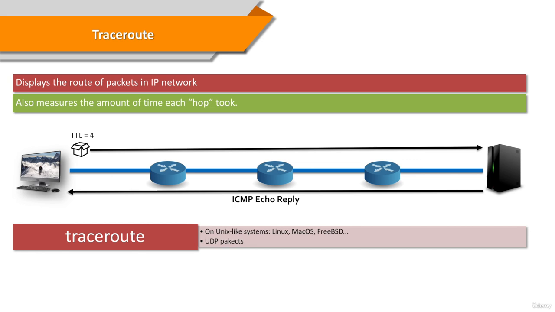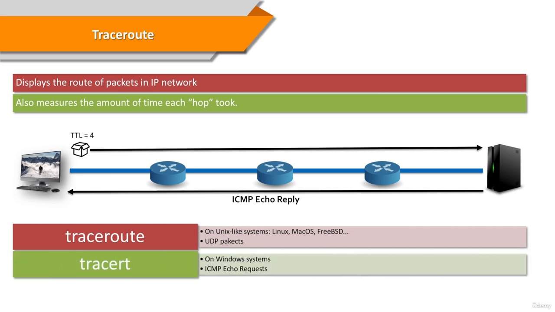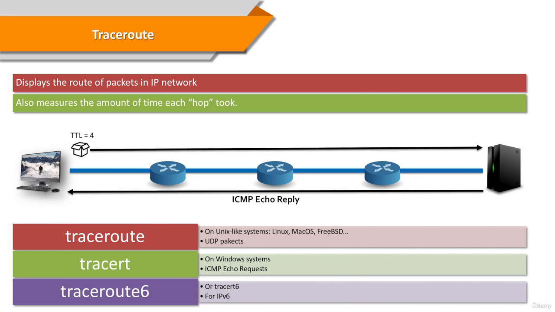Traceroute is also graphically accessible in macOS within the Network Utility Suite. In Microsoft Windows, it's named tracert. In Windows, Traceroute sends ICMP echo requests instead of UDP packets. For IPv6, the tool sometimes has the name Traceroute6 or tracert6.